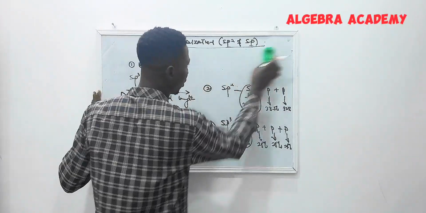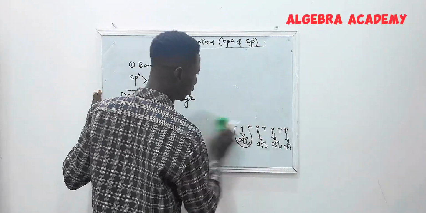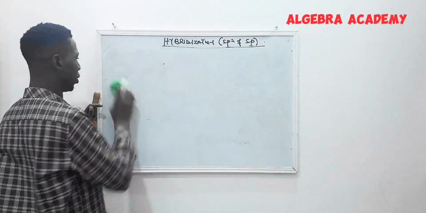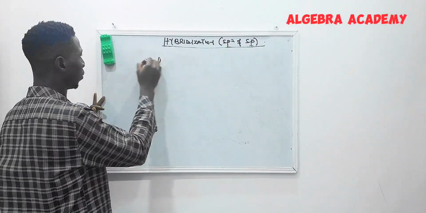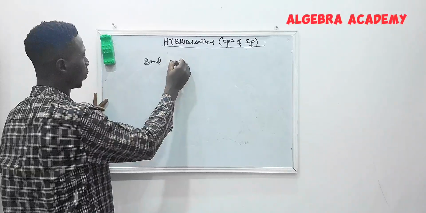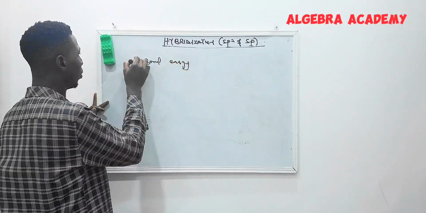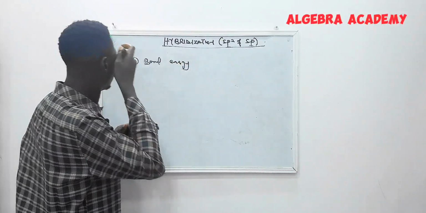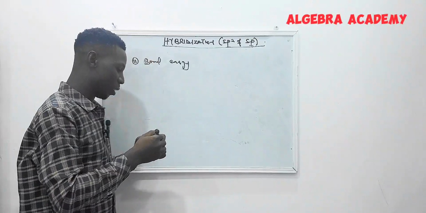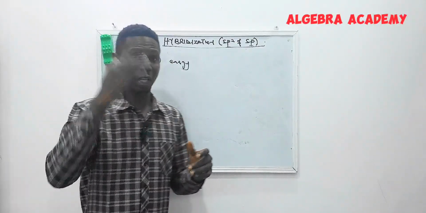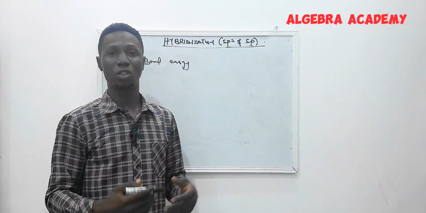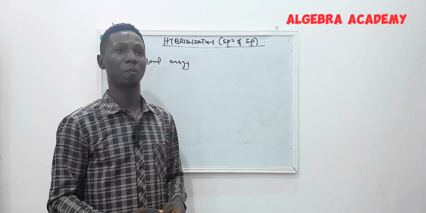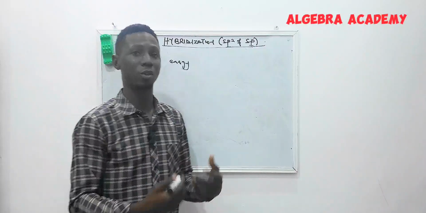Now, for bond energy, that's number 2. For you to know which of the 3 hybridizations has the highest bond energy, it depends on the number of pi bonds present.